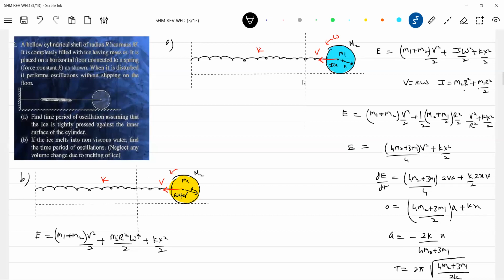Try to notice this part. It will have only translatory motion. Previously the ice was having both translatory and rotatory. Now the water will have only translatory motion, so here we have brought translatory motion M1 v square by 2, and rotatory motion only for the cylindrical shell.